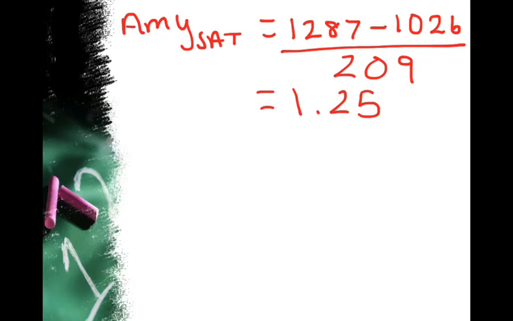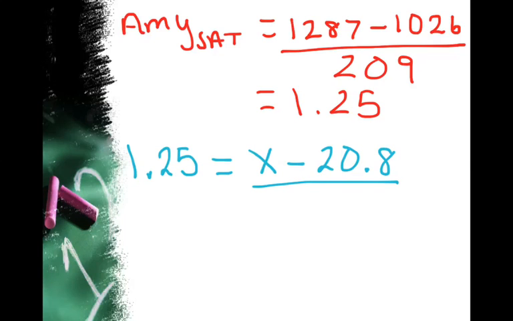And so what you're going to do is write down the z-score, 1.25, equal. What we're looking for is some x. We want to know what that x is for the ACT score. And so you're going to have x minus the ACT's mean, the 20.8, divided by the ACT standard deviation, 4.8.